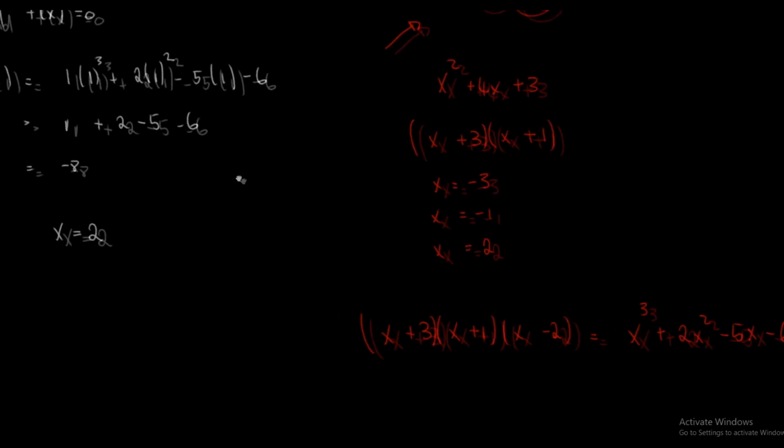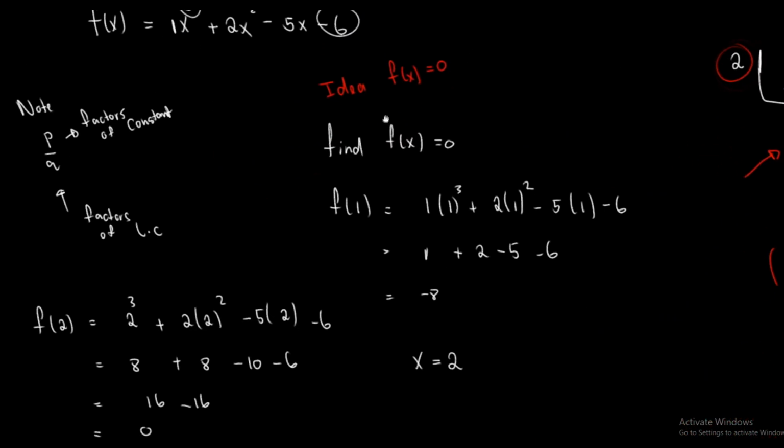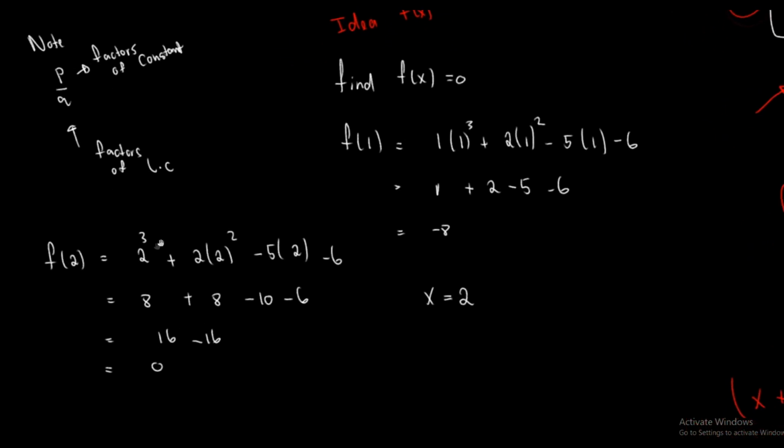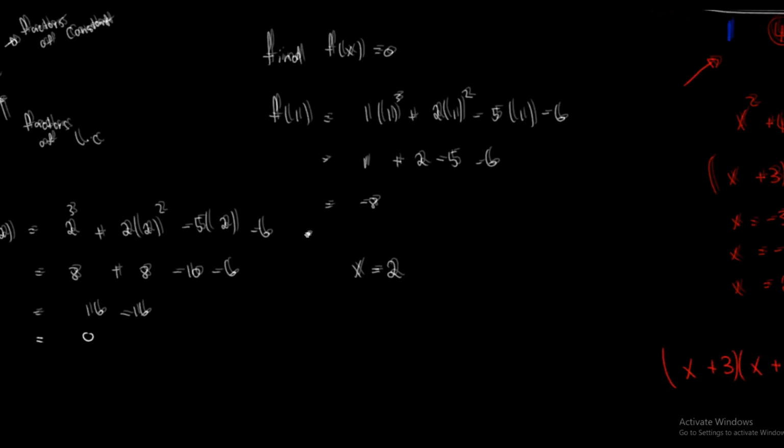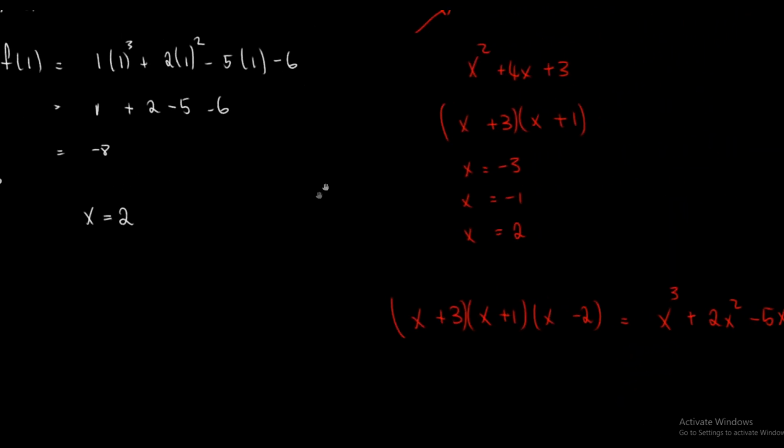So this is how we use the rational zero theorem. Just to recap, the idea is to find the factors of p, which will be the factors of my constant, over the factors of my leading coefficient, which is 1. And then we want to try to find a 0. After we found a 0, we know one of my x-intercepts is going to be 2.